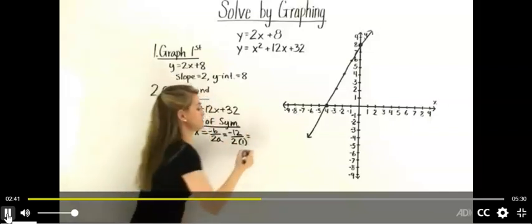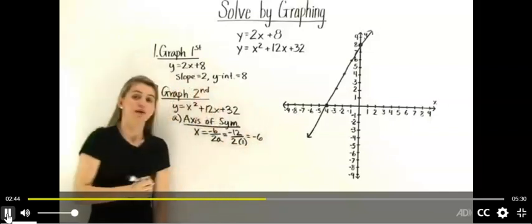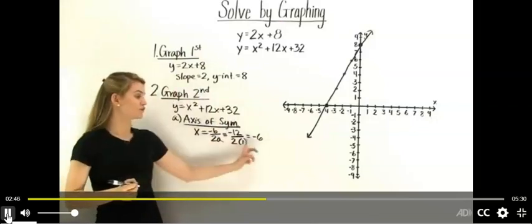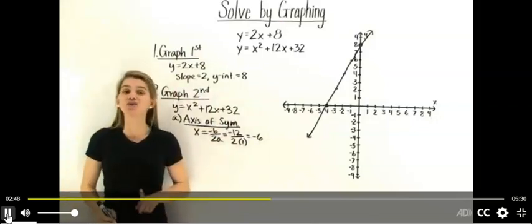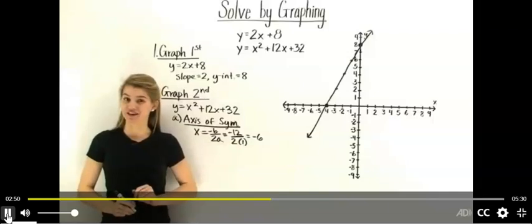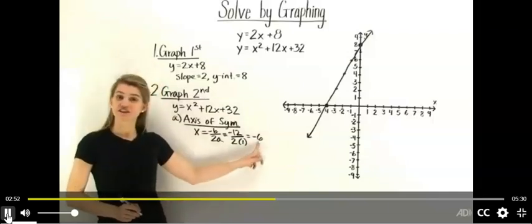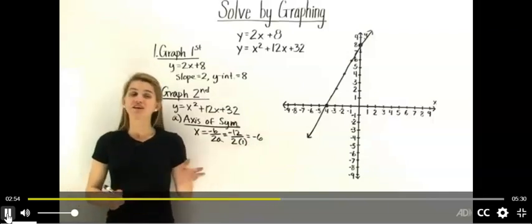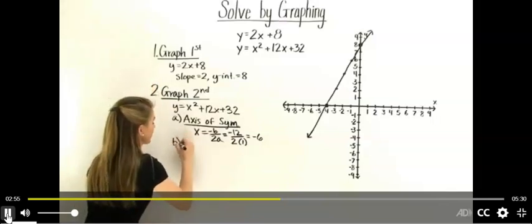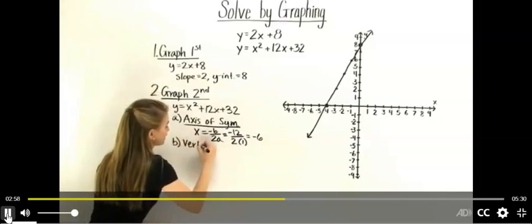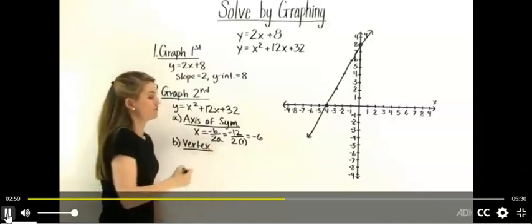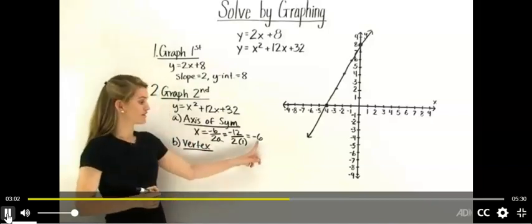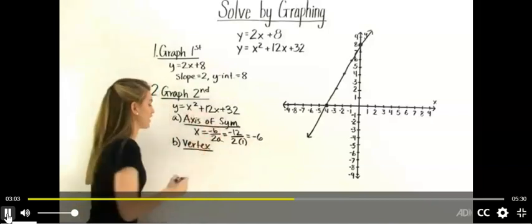Negative 12 divided by 2 is equal to negative 6. That means our axis of symmetry is x equal to negative 6. It also tells us the x-coordinate of our vertex. The x-coordinate of our vertex is negative 6. Now let's go ahead and find the y-coordinate of our vertex so we can plot the vertex. To find the y-coordinate of our vertex, we take negative 6 and we plug it in for x.